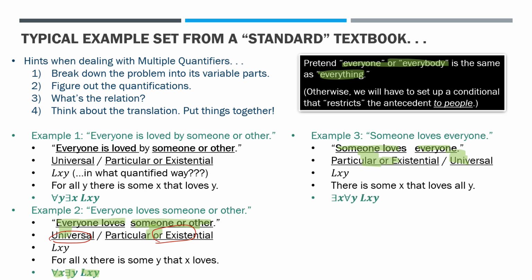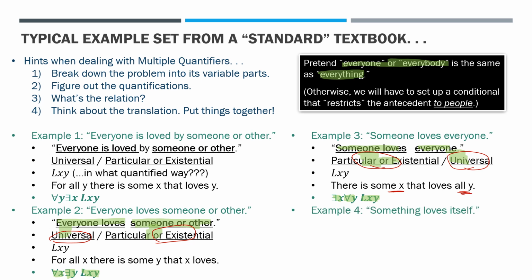Hence we get there exists some x such that for all y, Lxy. Again, we start out with something that's particular or existential. Then we have something that's universal. It happens to be that there is some x, some existing x, at least some x, that loves all y.